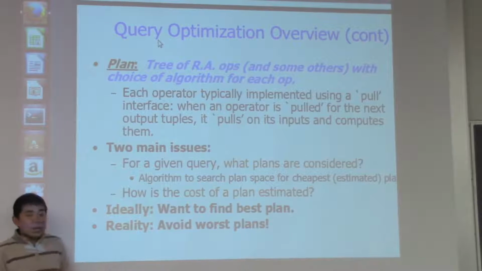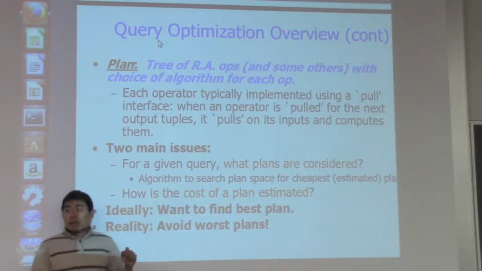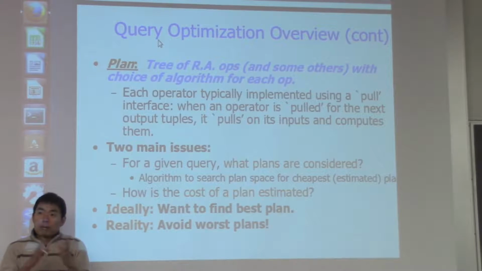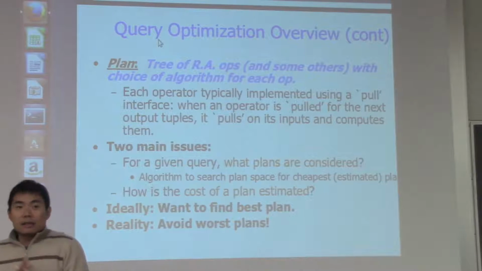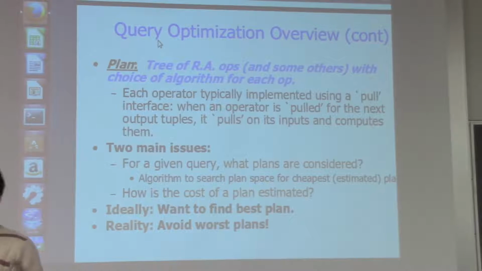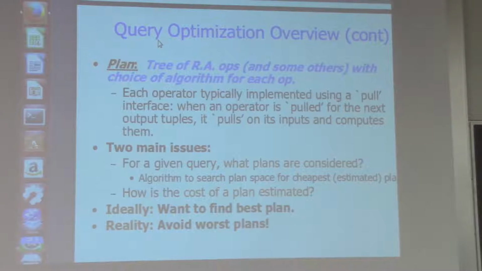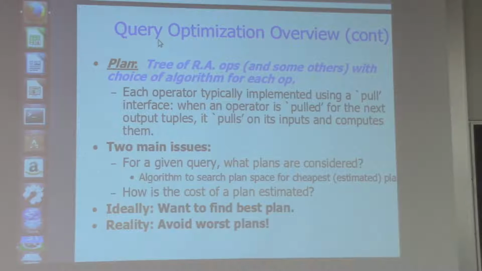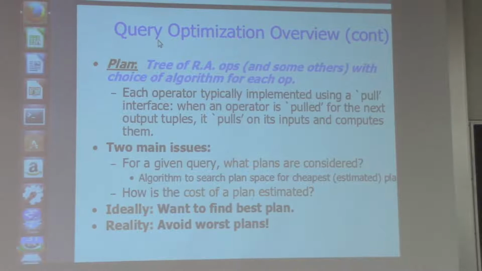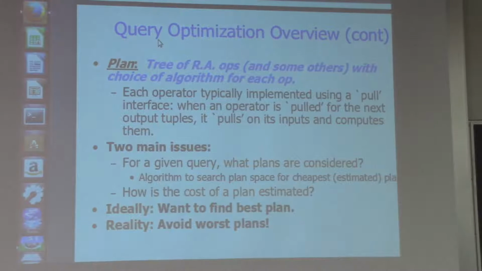So in reality, what optimization does is to do these two steps approximately and get rid of really bad plans. Then you are left with a few good plans to choose from. You are not really sure which will be the best, but you are pretty confident that this will be good enough. So you choose one of them to execute. So that's the overview.